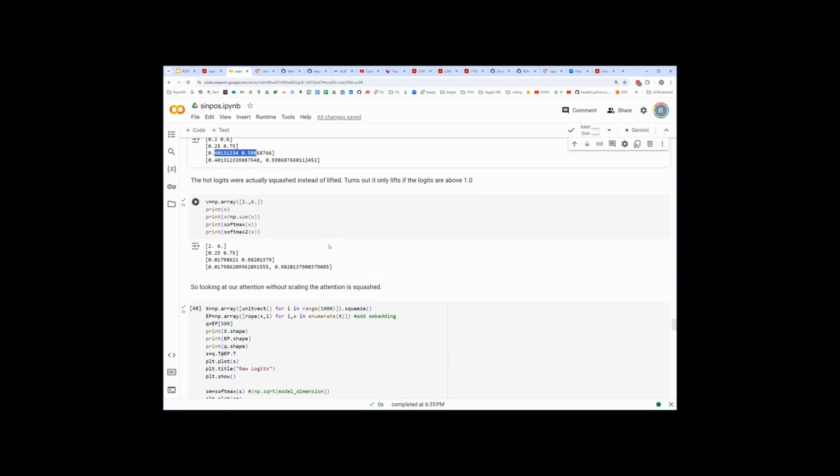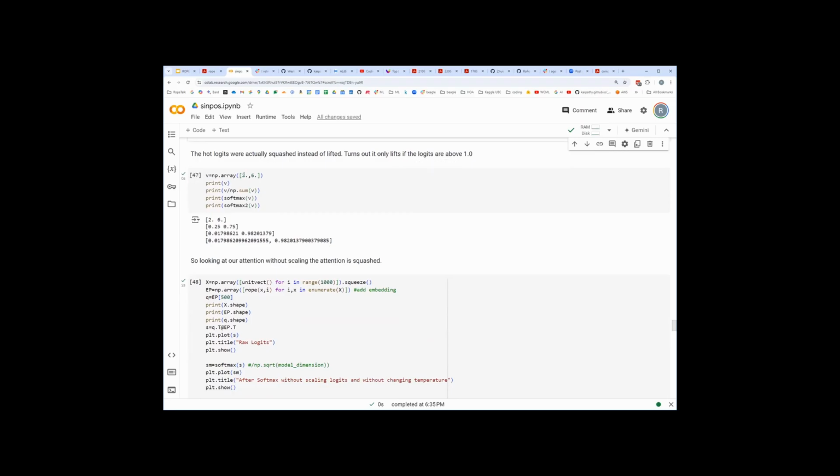And so what I found is that when I do this with larger numbers, if the logits are 2 and 6 instead of 0.2 and 0.6, now I see that it gets amplified significantly in both my implementation and the torch implementation.